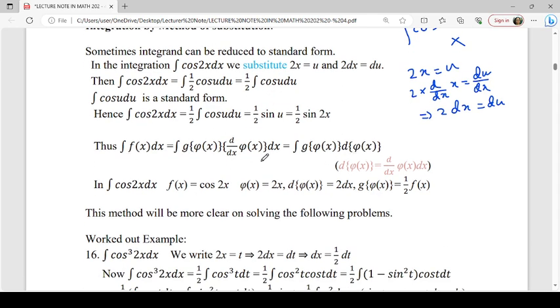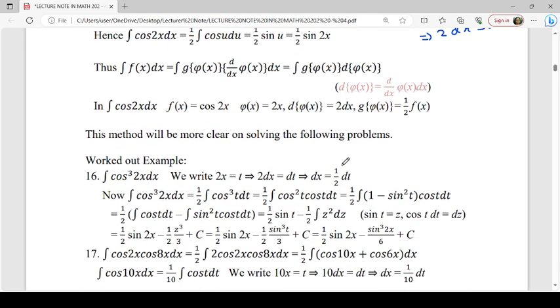If we write it as a function, it is like this: integration of f(x) dx, integration of g of phi x. So we are substituting phi x as u, so this is by substituting functions. So cos 2x is f(x), then we write this as g of phi x.